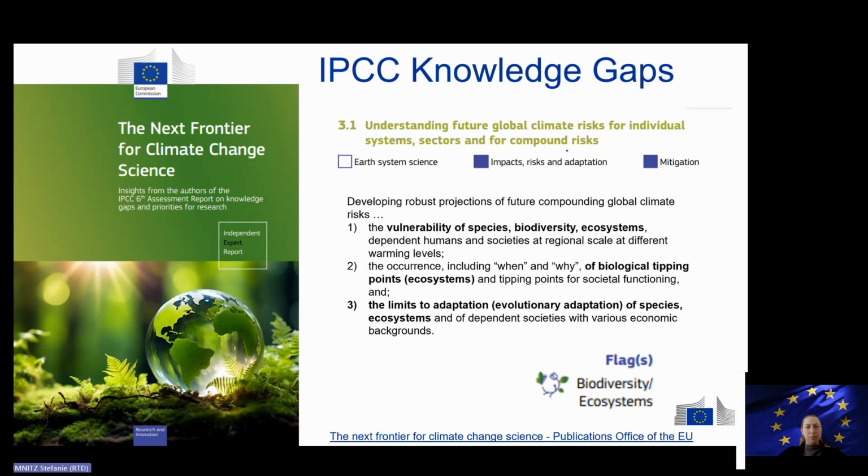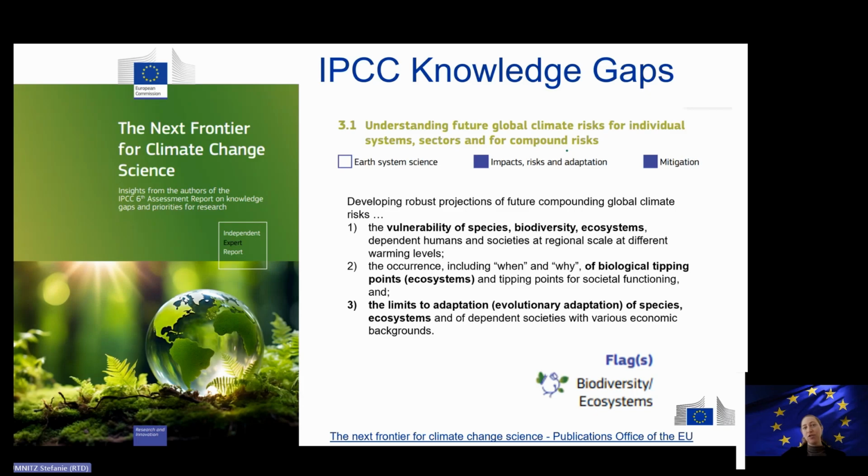Here is a report published by the European Commission, but written by independent experts from the IPCC, identifying a number of major knowledge gaps, specifically for the interconnection of climate change and biodiversity loss. Here, knowledge gap 3.1, you can check it out in the report, is on understanding future global climate risks for individual systems, sectors, and compounding risks.